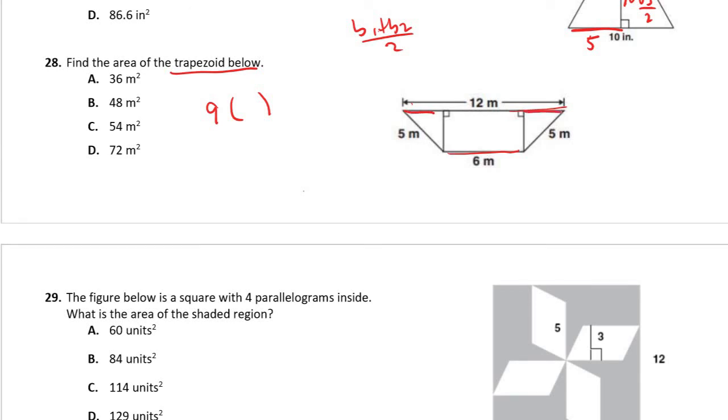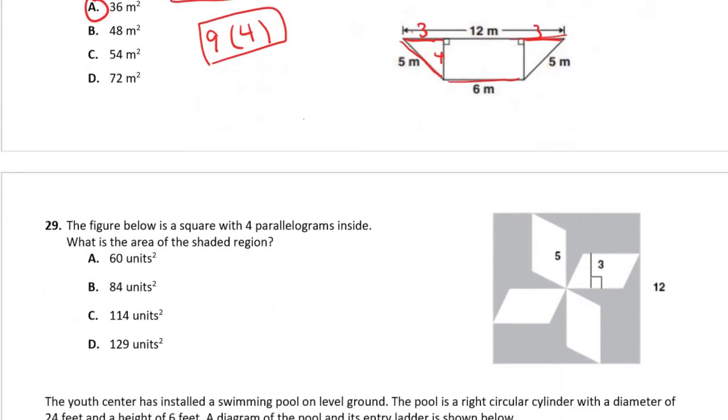That means this is 3. This little place is 3. If this is 3 and this is 5, you're going to recognize that this is one of the Pythagorean triples. 3, 4, 5. This has to be 4. There's no need to do anything. Just know this is 3, this is 4. So the height is 4. If you plug in that 4 there, that will be 9 times 4 is 36. So it's fast if you know your Pythagorean triples.